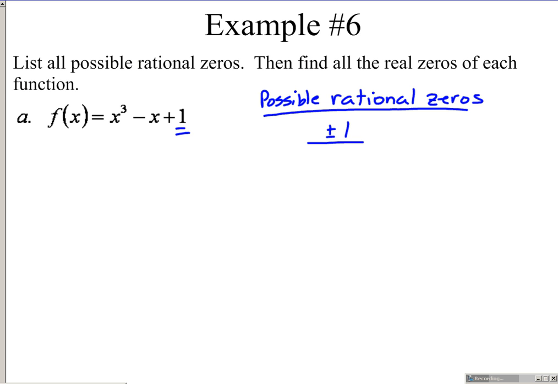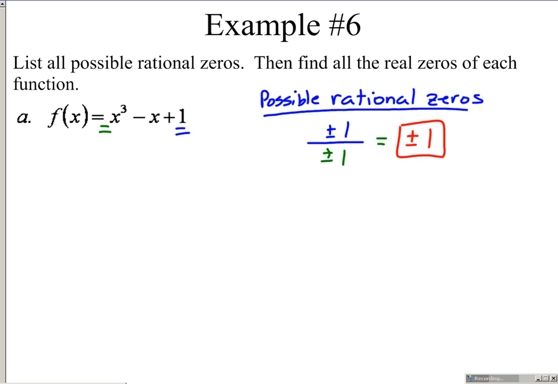In this case, our only possible ones are plus or minus 1. Take all the factors of the lead coefficient, which are also plus or minus 1. Divide all those out. Our only possible rational zeros for this function are 1 and negative 1. That means any other x-intercepts that I have are going to be irrational x-intercepts.